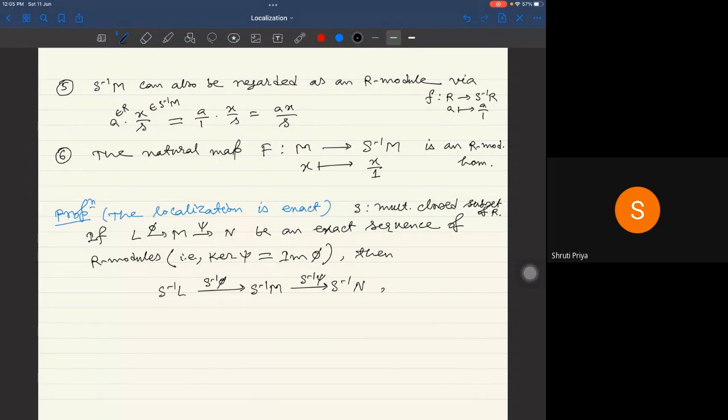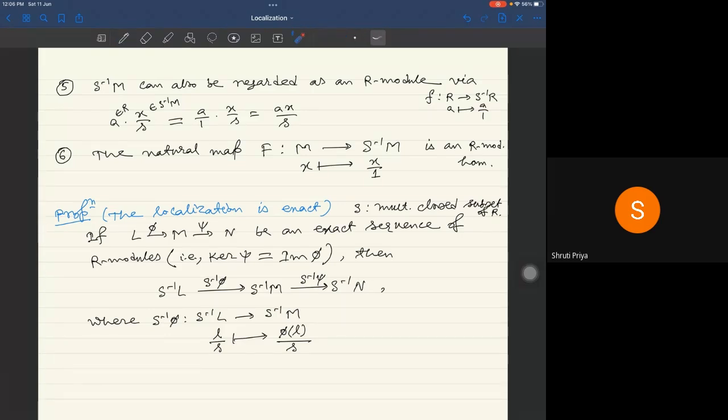How can we define this? Let's consider one element of S inverse L. How can you map it to an element of S inverse M? By using the map phi, can you define it? Here l is an element of L, and you have this map from L to M. So you can just apply phi on l, you get an element of M, and in the denominator you just write s.